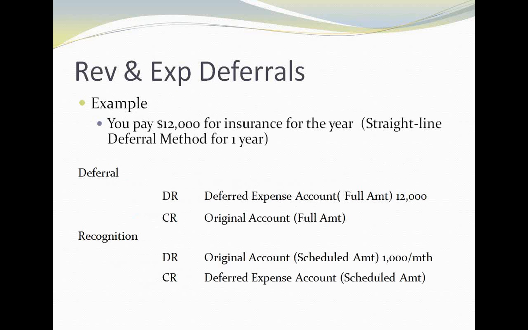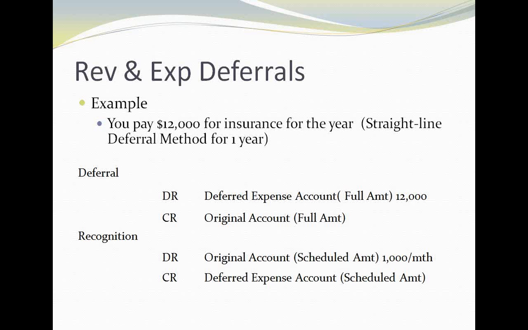An example would be an insurance where you pay $12,000 for the entire year, but you don't want to actually consider that as a full expense all at the beginning of the year. So you can actually spread that over the entire year. So a transaction like that, upon deferral of the transaction, you would debit the deferred expense account and credit the original account.